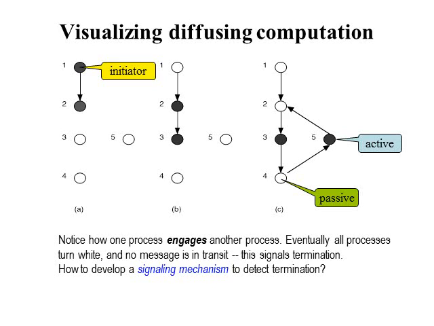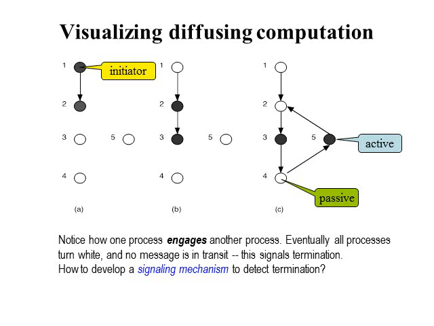So now let's look at how the processes engage in diffusing computation in order to find out whether the termination condition has been met and the computation has terminated or not. Okay, so let's look at 5 processes in the system: process 1, 2, 3, 4, and 5.